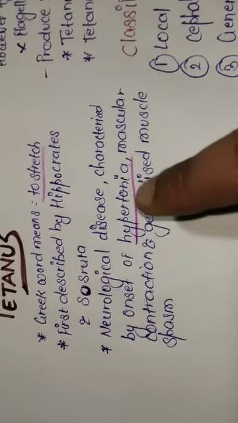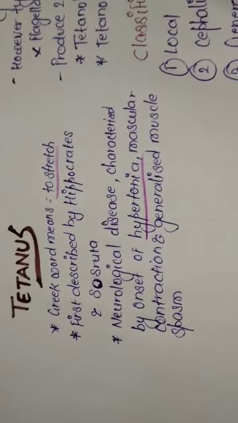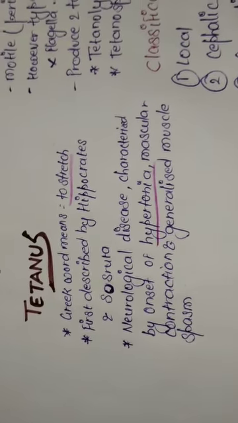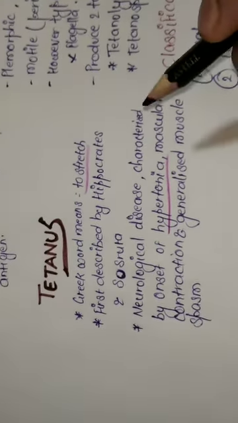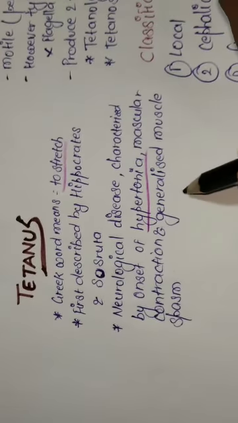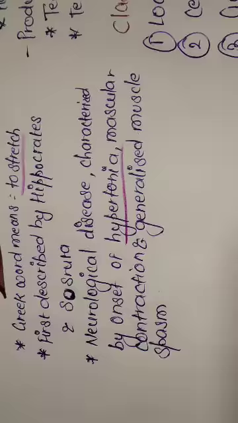Here, hypertonia means an abnormally high level of muscle tone or tension, and it's characterized by onset of hypertonia, muscular contraction, and generalized muscle spasm.